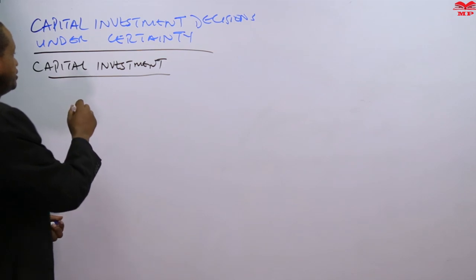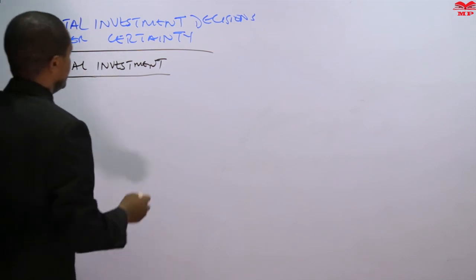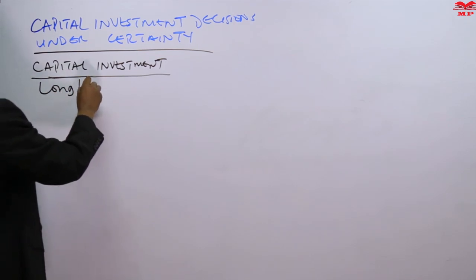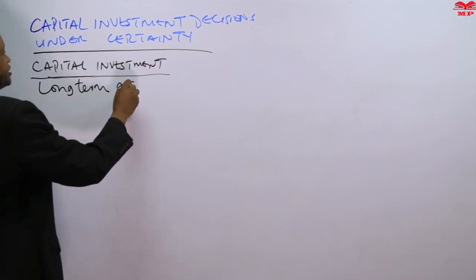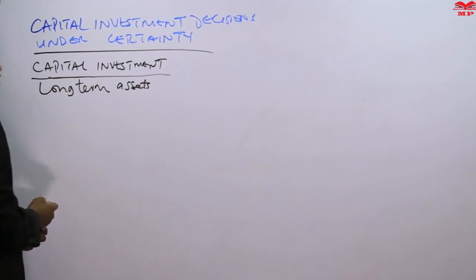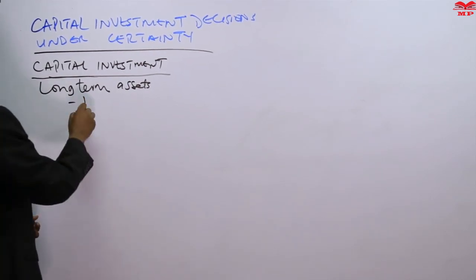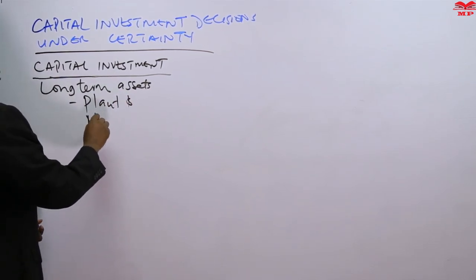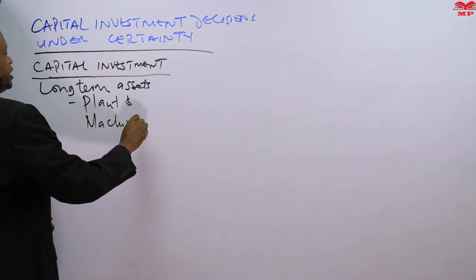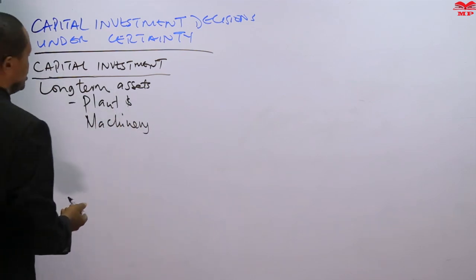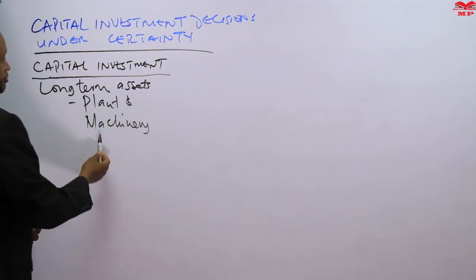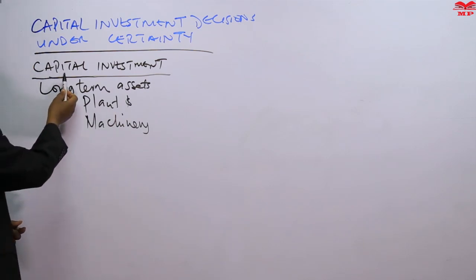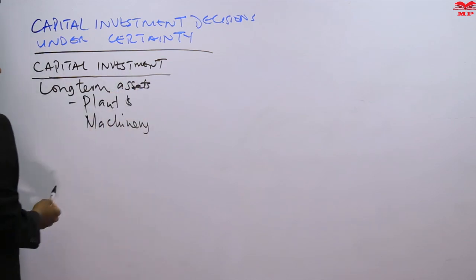So this is investment, in other words, in long-term assets. We have given an example of plant and machinery. When a company invests in long-term assets like plants and machinery, we say that is capital investment.